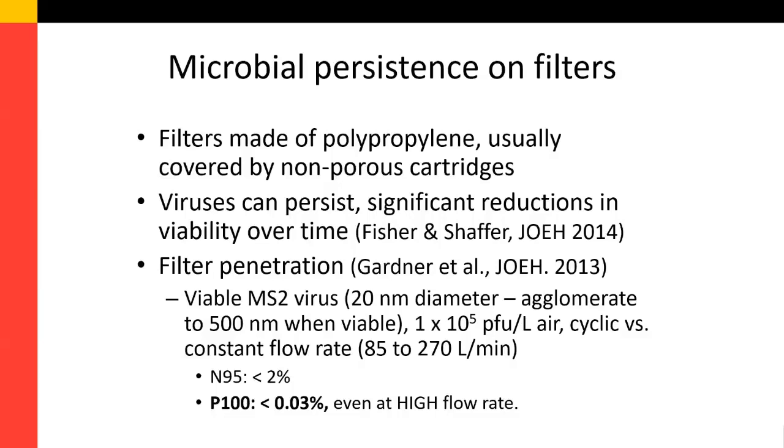They tested N95 and P100 filters at cyclic versus constant flow rates up to 270 liters per minute. And even at that extremely high flow rate, on those P100 filters, the penetration of the viable MS2 virus was less than 0.3%.